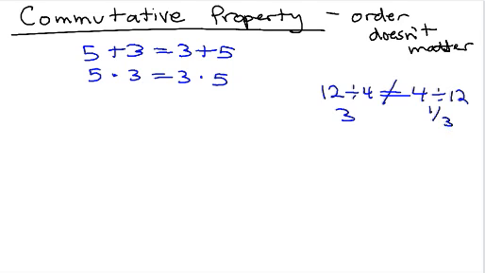The last property is the associative property. With the associative property, we're talking about the way we associate or group things together. Here's what it's saying.